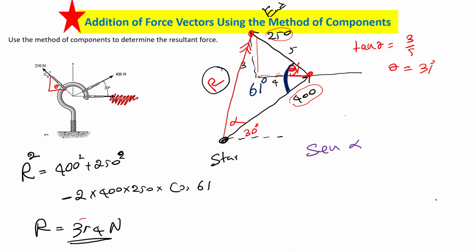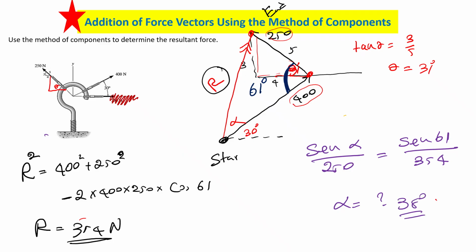Sine alpha divided by 250 is equal to sine 61 divided by 354, which is R. So can we find the alpha? 38 degrees.